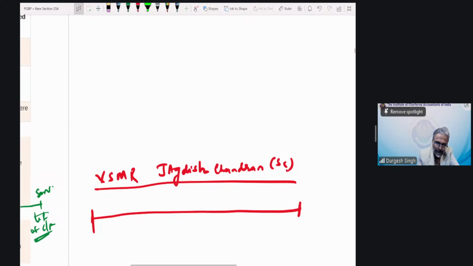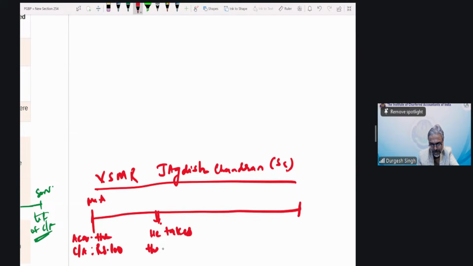So, Mr. A takes a loan. Mr. A acquires the asset for rupees 100. Okay.